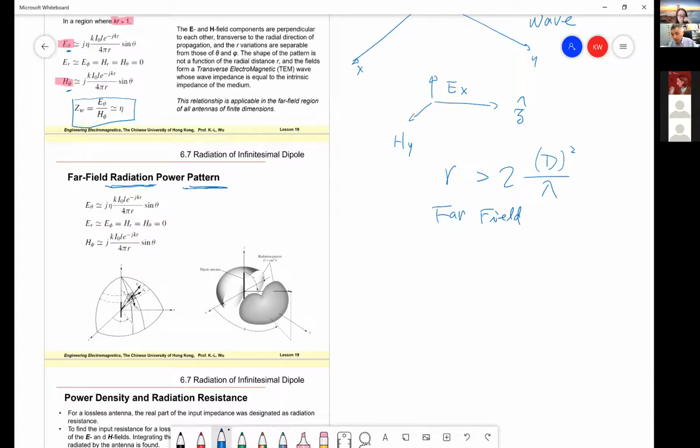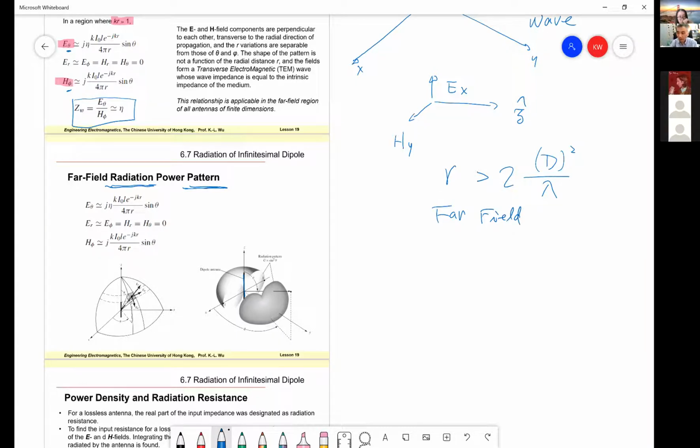If we plot this function, you see it is only a function of theta and constant in the phi direction. So if you cut at z equal to 0, it is a circle. But if you cut at phi equal to any angle, right?